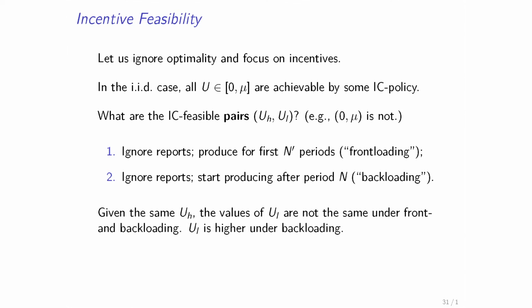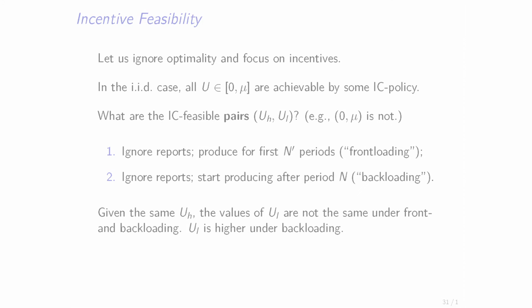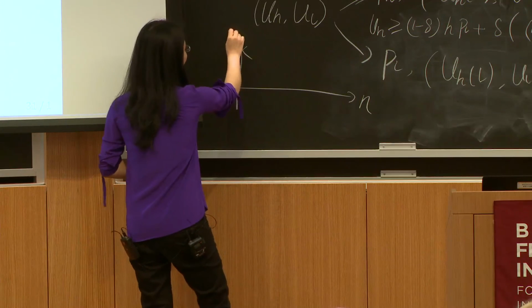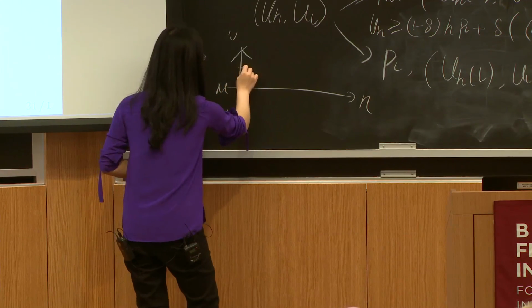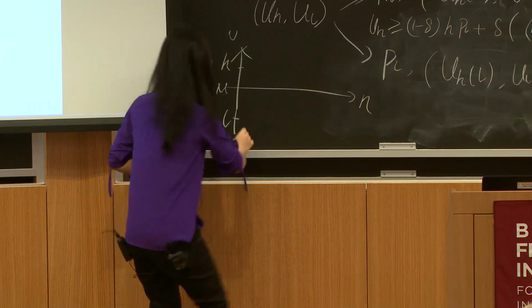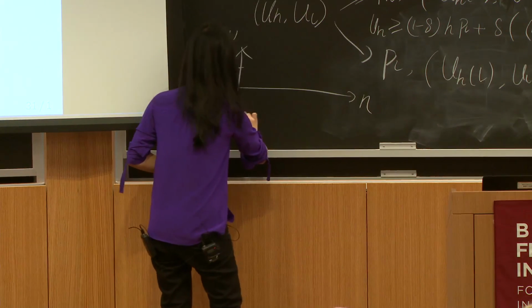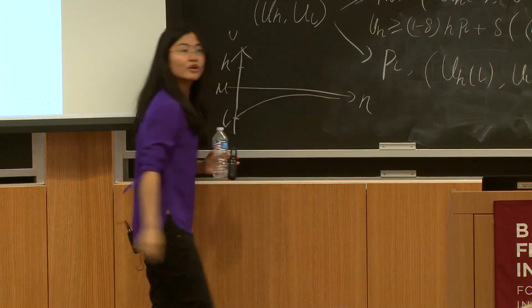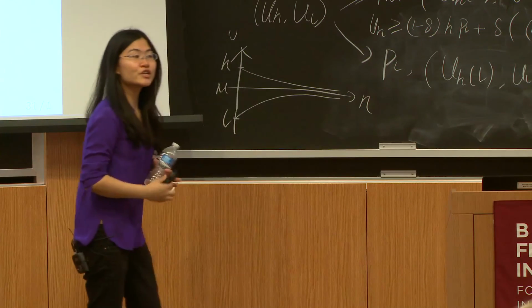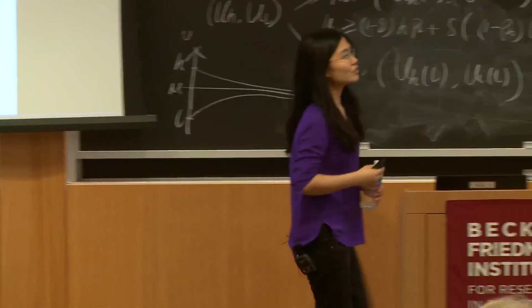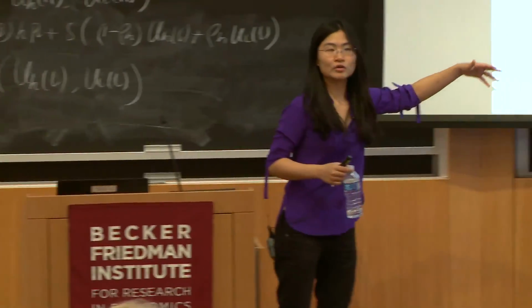If we use the x-axis as time and the y-axis as valuation, the low type is here, and this is the average mu. High type is there. The expected valuation is going up for the low type, and it's going down for the high type. So this picture explains why we want to use backloading and front-loading policies.